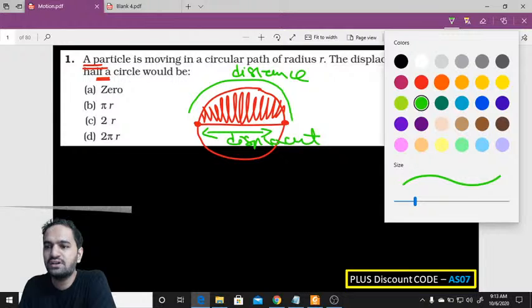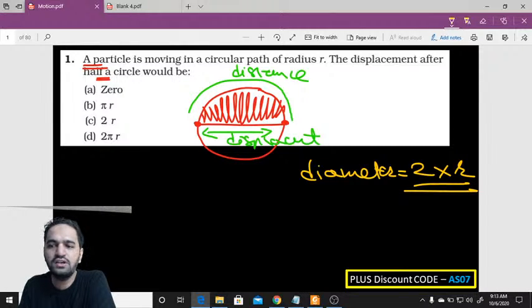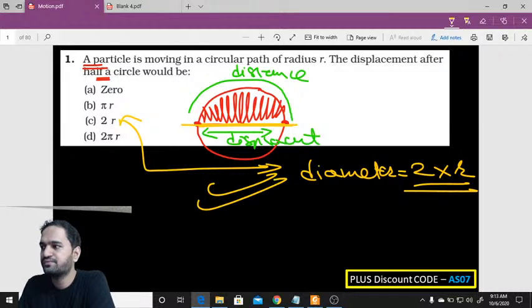And what is diameter? Diameter is nothing but 2 times the radius. So the answer is going to be 2r. Very simple. Why? Because diameter is 2 times the radius. That is the first point. Okay. Next question.